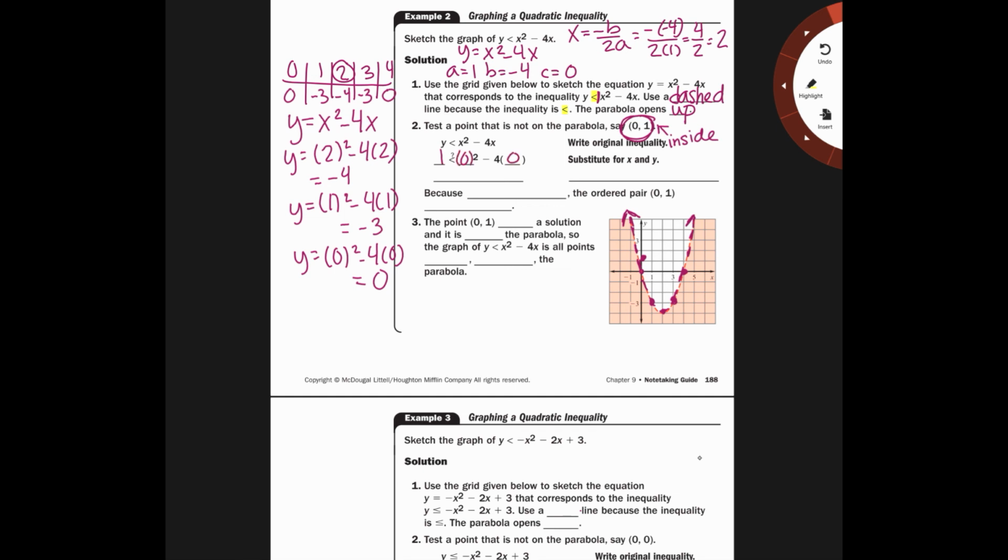So that gives me a 1 is less than 0 squared is 0 minus 4 times 0 will just be a 0. Is 1 less than 0? No. So this is false. Because 1 is not less than 0. The ordered pair 0, 1 is not a solution.